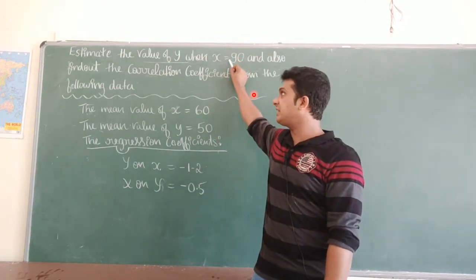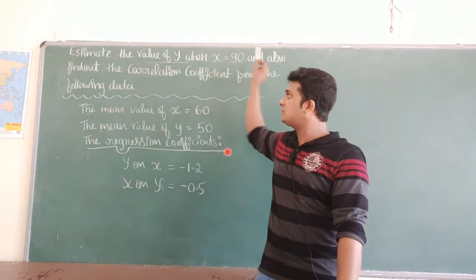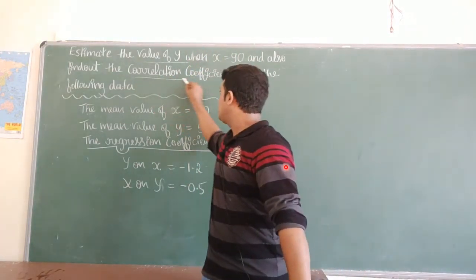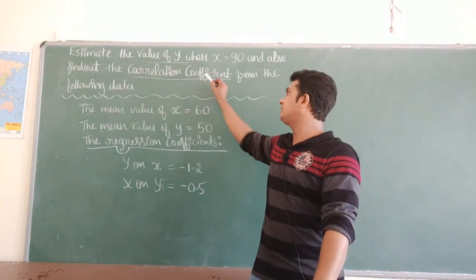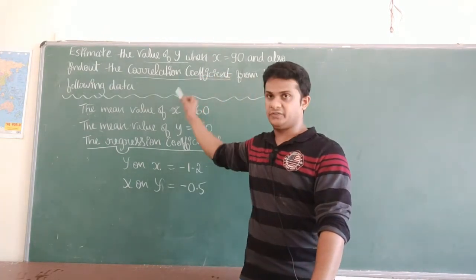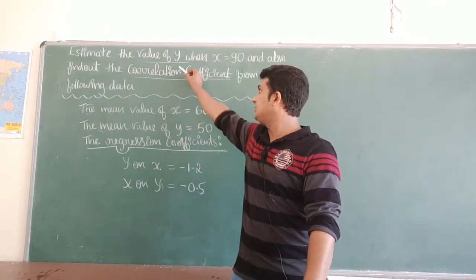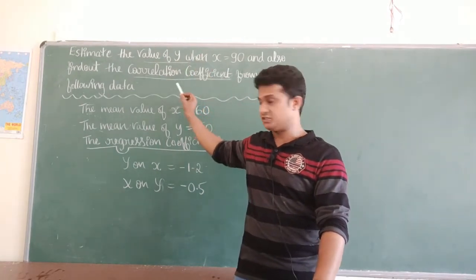If the x value is 90, what is the value of y? We need to find out. Then they said, and also find out the correlation coefficient along with y's value. We need to find the value for the correlation coefficient as well from the following data. Using these data, we need to find the value of y and the correlation coefficient.